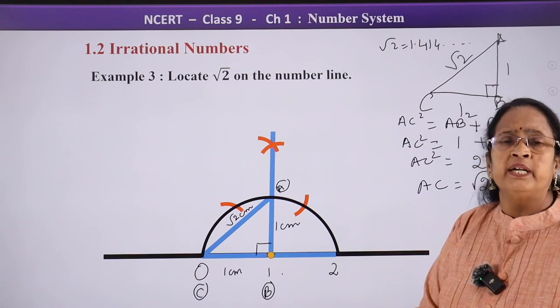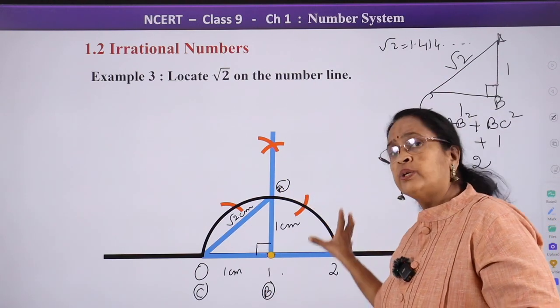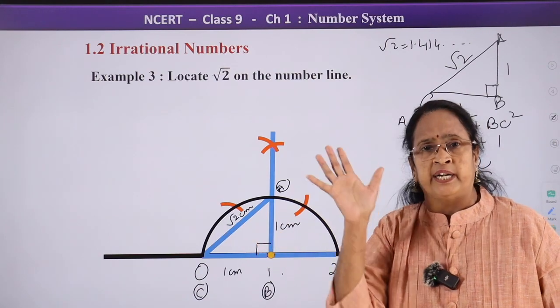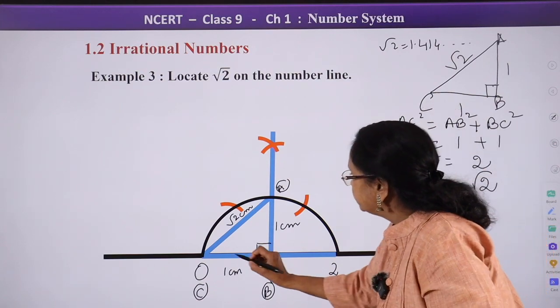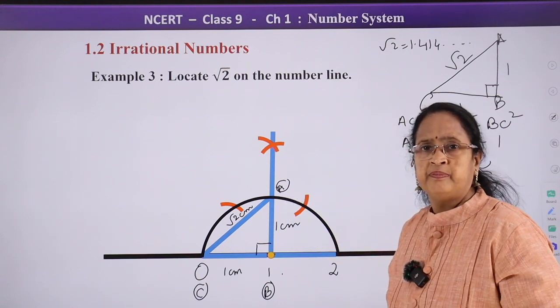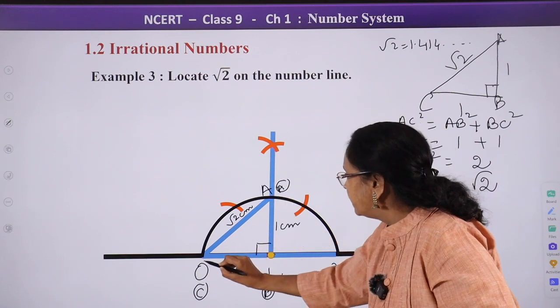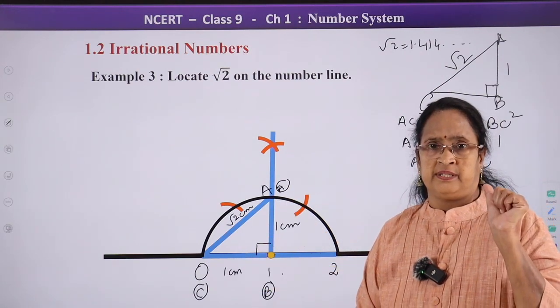How do we locate it on the number line? Till now, we took the same radius, 1 centimeter. Now, we need to change the radius in the compass. The radius is the point 0 to A. From here to here is the new radius.